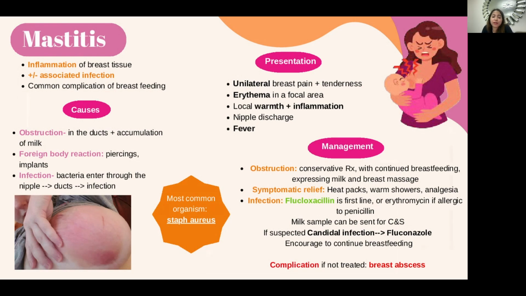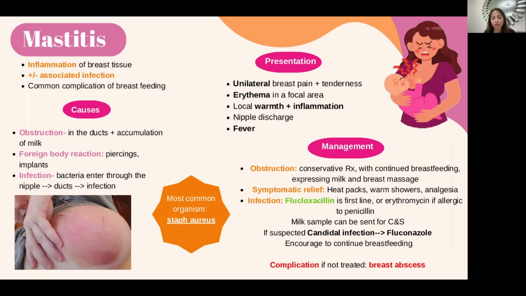So moving on to management, you can classify it depending on what the cause is. So if there's an obstruction and there's no infection, you can go with conservative management. It's really important to make sure that you advise women to continue breastfeeding.